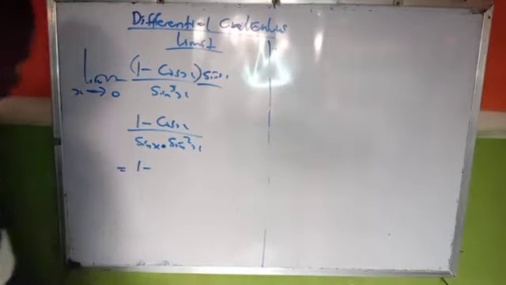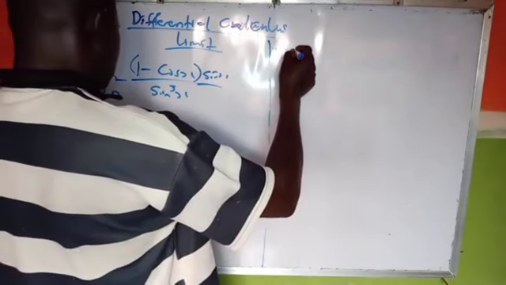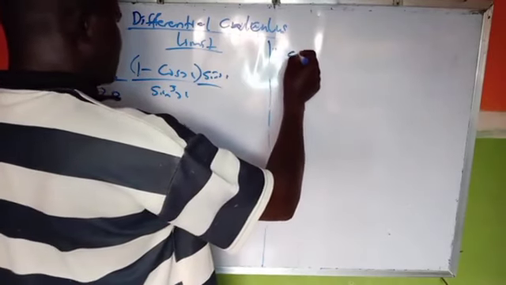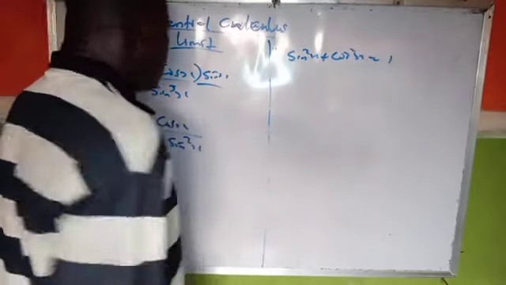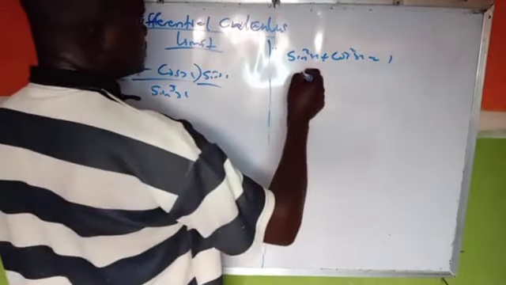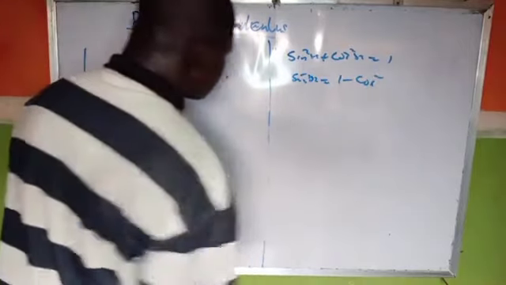In the trigonometry identity we stated the other time, sine square x plus cos square x equals 1. So you can find an expression for it: sine square x equals 1 minus cos square x.